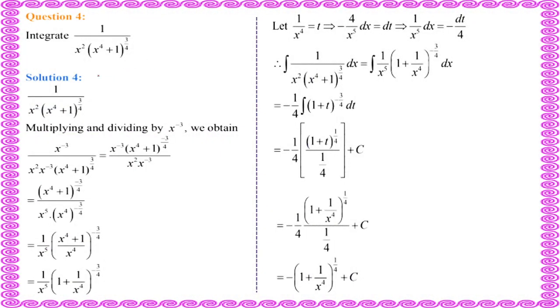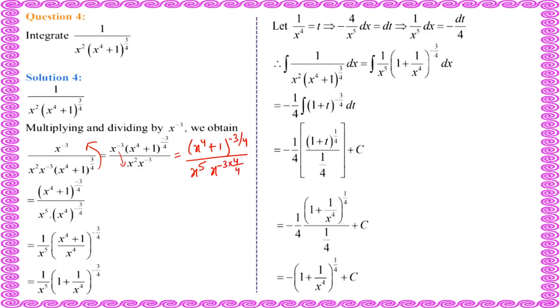Question number 4, here we are multiplying and dividing by x raised to the power minus 3. We'll get this thing. We're taking this term in the numerator, the power will be negative, minus 3 by 4, and then we are bringing this x raised to the power minus 3 down in the denominator. X power 4 plus 1 minus 3 by 4, and x power minus 3 will come in the denominator, so it will be x power 5 and x raised to the power minus 3, and then we are multiplying and dividing by 4.